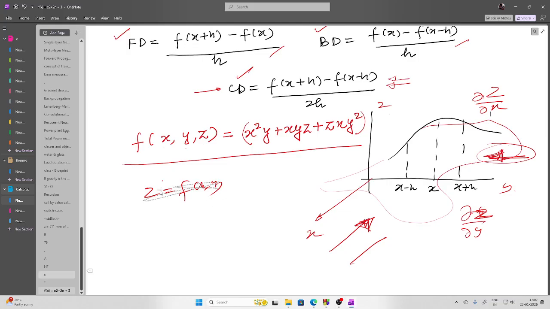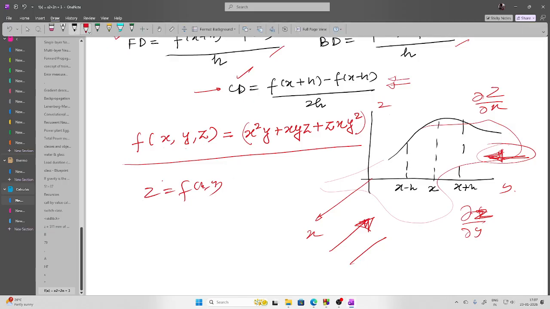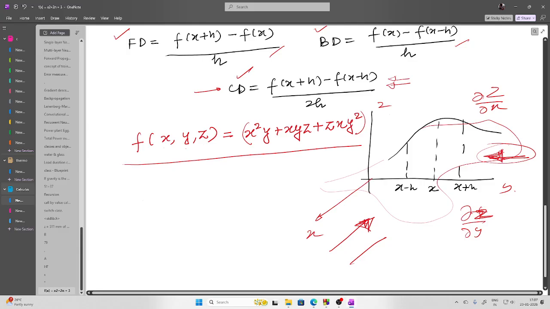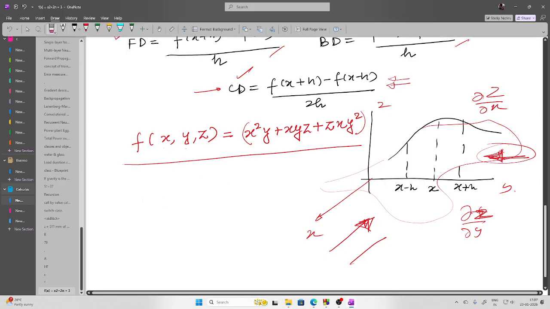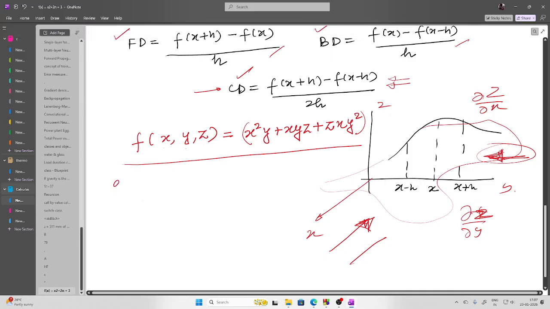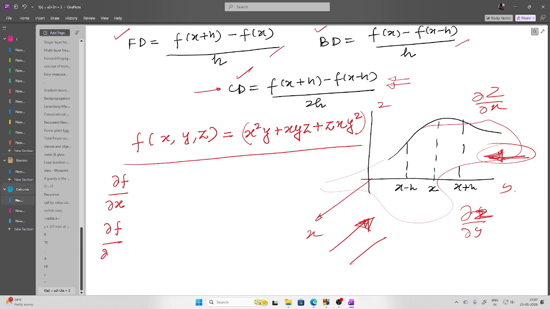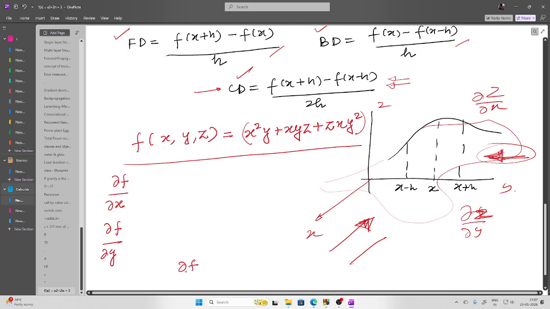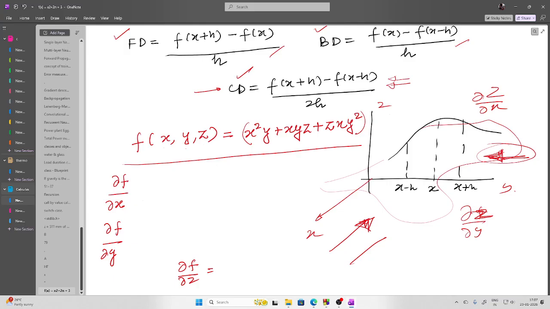The same thing we can also do in the case of this multivariable function, which is having three variables x, y and z. What we can do is evaluate the derivative with respect to x, then with respect to y, and then with respect to z. Once we evaluate with respect to x, we are not allowing y and z to change.